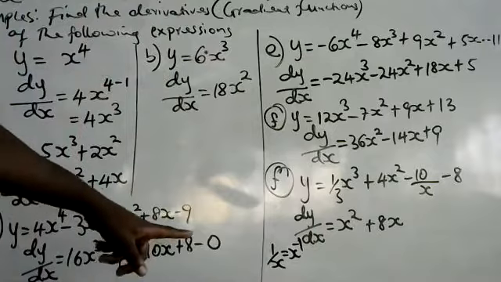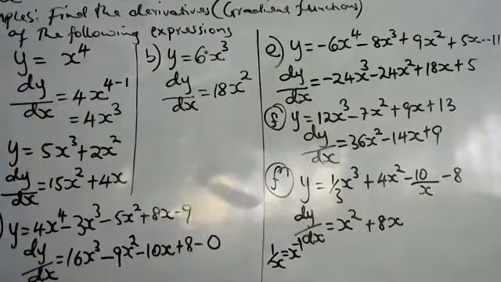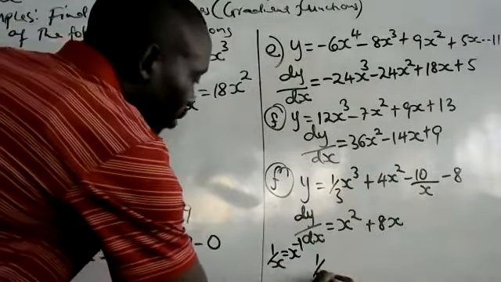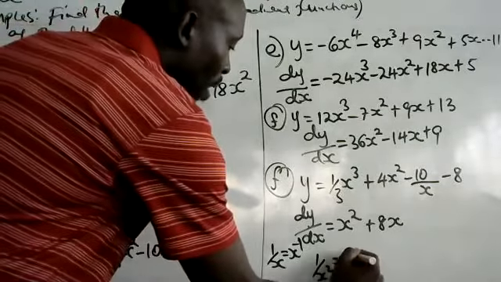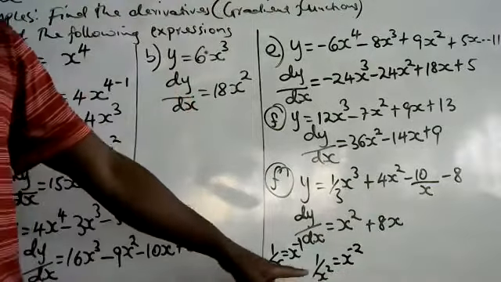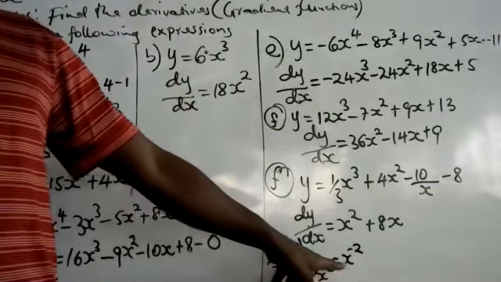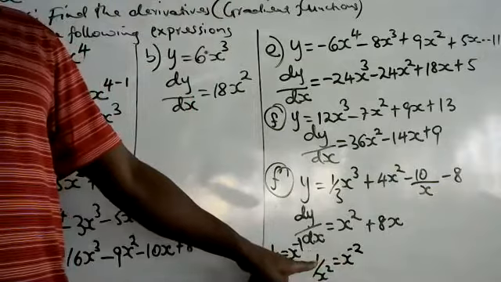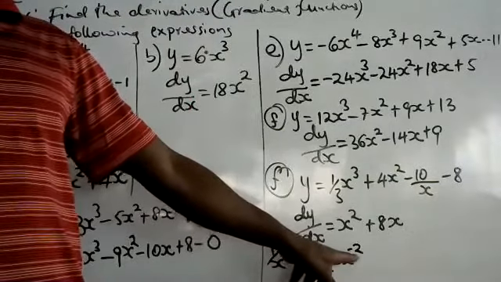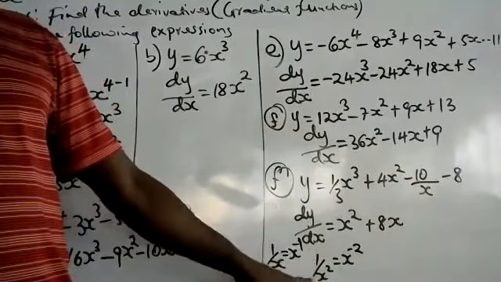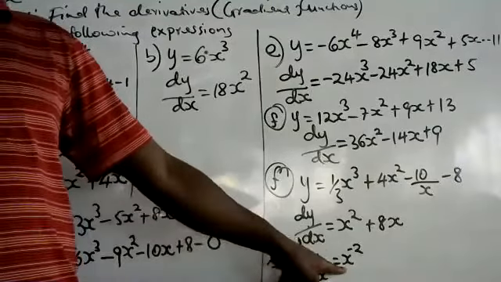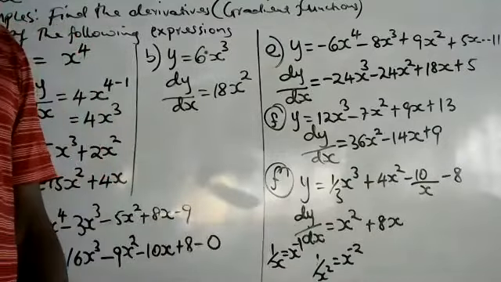When it is 1 over x squared, this is the same as x raised to power negative 2. The numerator disappears, but now the power is going to be negative. 1 over x squared will remain with x, but power negative 2.